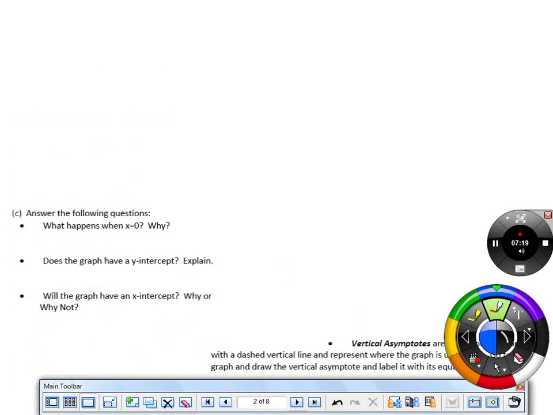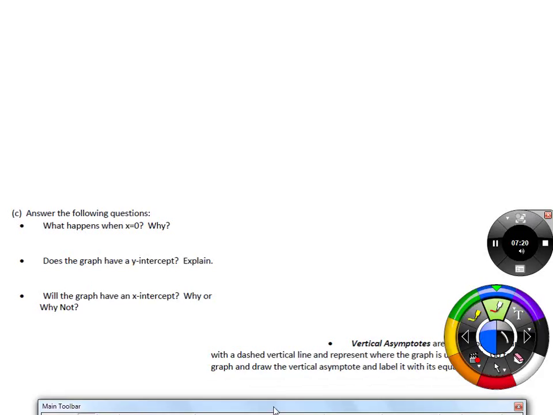All right, so some questions about it. So what happened when x was equal to 0? Yeah, it's undefined, basically because we can't divide by 0. Our mathematics does not have a value when things are divided by 0. Does the graph have a y-intercept?